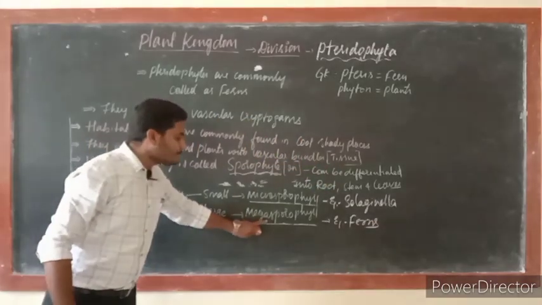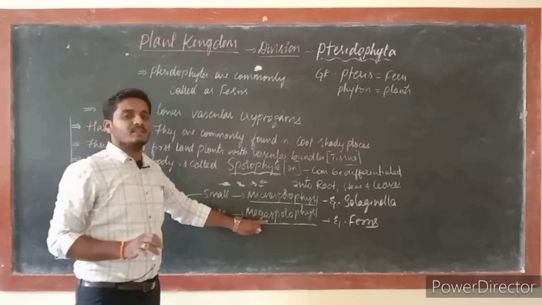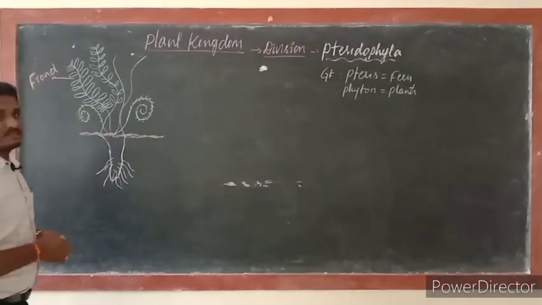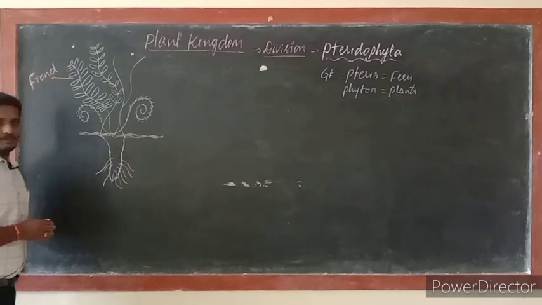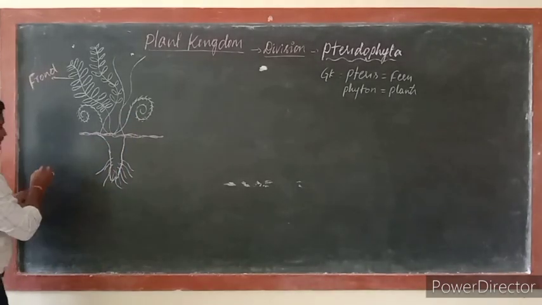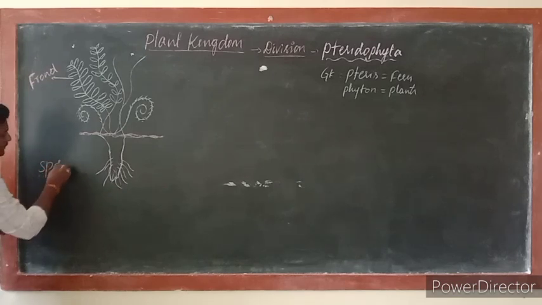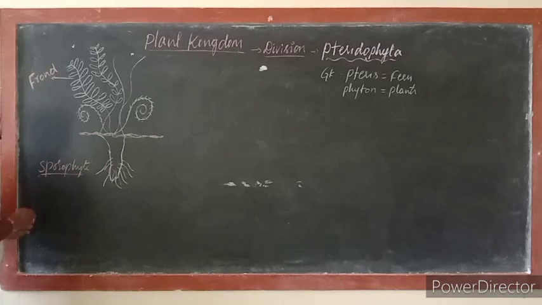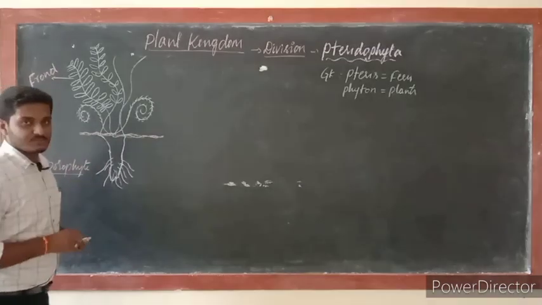And these megasporophylls, meaning larger leaves, are also called fronds. Yes, this is the general plant body, the sporophyte. It can be differentiated into root, stem and leaves.